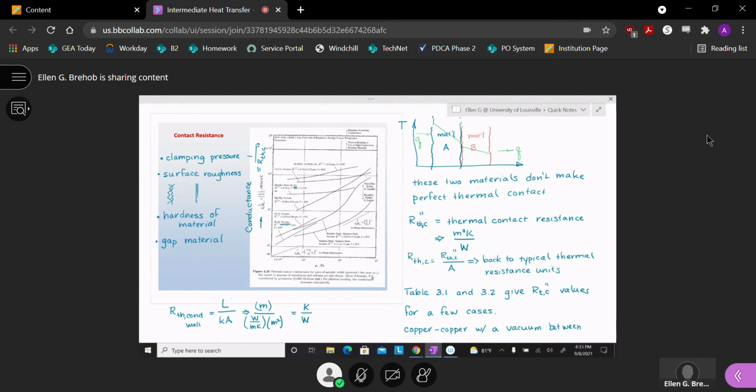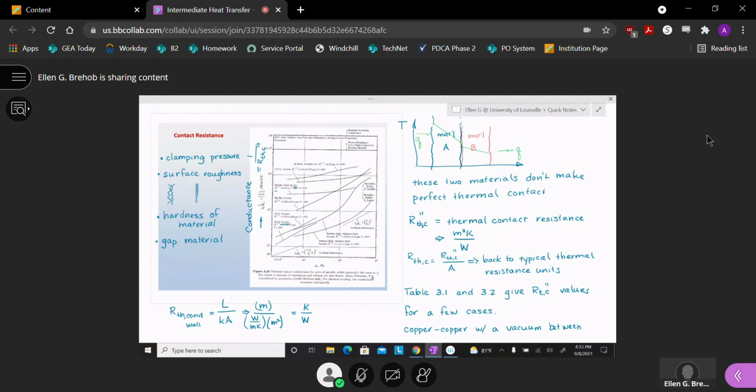If I have a vacuum, so this gap and there's nothing in there, my thermal contact resistance is going to be higher. Everything has to be by radiation, as opposed to if I've got air in there, I can rely on the air as a pathway to move heat from one material to another.